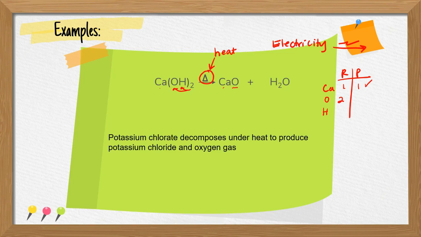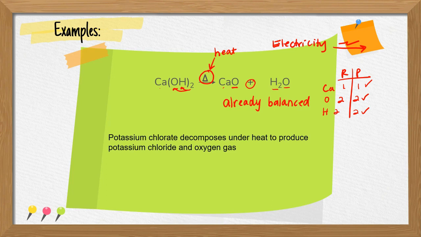Let's go to the product side. We have 1 oxygen here plus 1 here. So 1 plus 1 is 2. That's balanced for the oxygen. And then hydrogen, 2 hydrogens. When we distributed through, 2, 2. So this is already balanced. If you wanted to put the ones in, that's fine, but you don't have to. So this equation is already balanced. So always make sure, don't assume that it's balanced. Check it to see if it is.